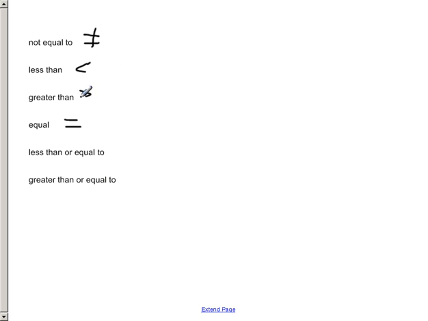We've used the greater than sign before. But we can also have a less than or equal to sign. So it's the less than sign with a line below it. And again, that means less than or equal to. And we can have the greater than or equal to sign, a greater than sign with a line below it. So these are some of the relation symbols that we will be using in our number sentences.